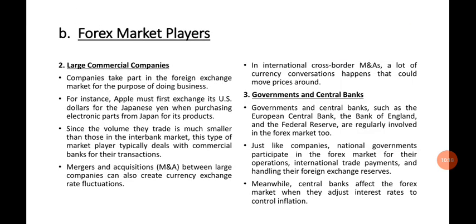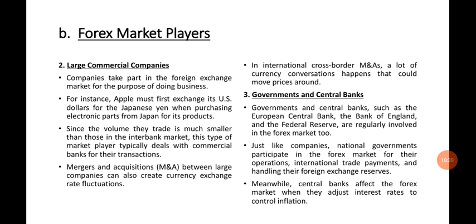2. Large commercial companies. Companies take part in the forex exchange market for the purpose of doing business. For instance, Apple must first exchange its United States dollars for Japanese yen when purchasing electronic parts from Japan for its products.